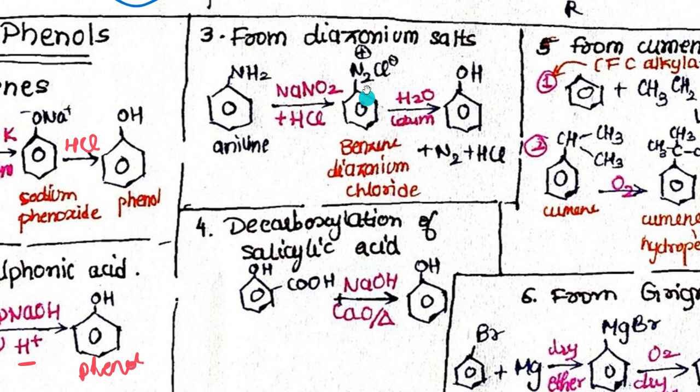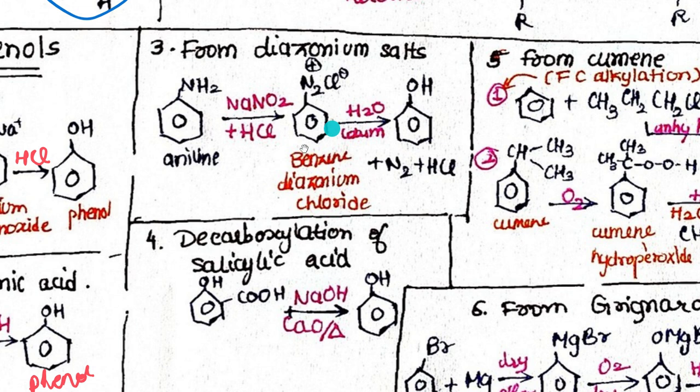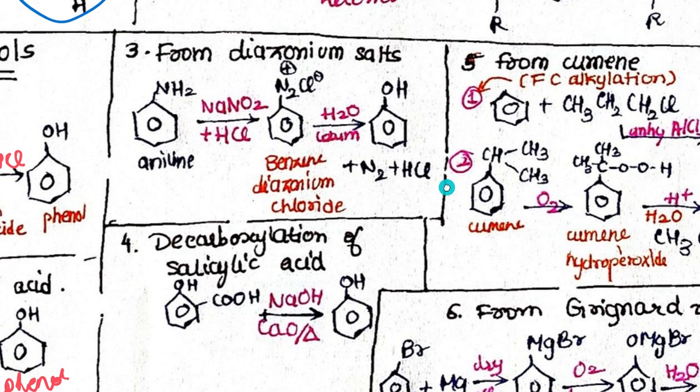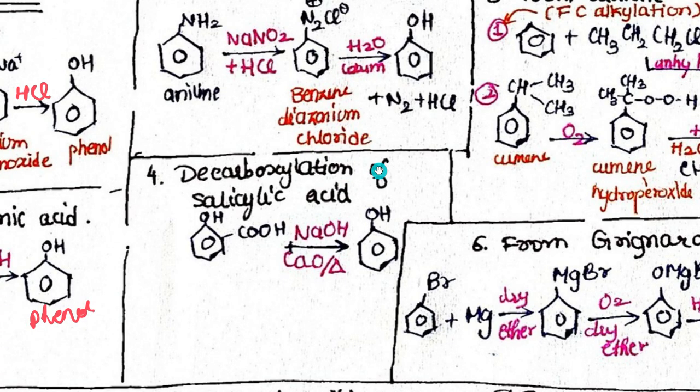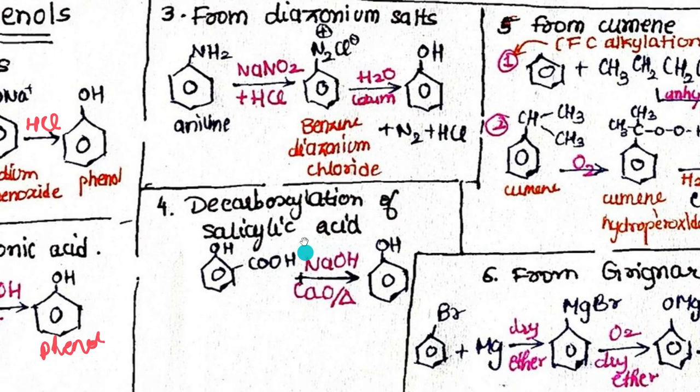That is benzene ring with N2Cl, wherein N2+ and Cl-. So this is a salt. Now, when this reacts with H2O and is warmed, we get phenol plus N2 plus HCl.